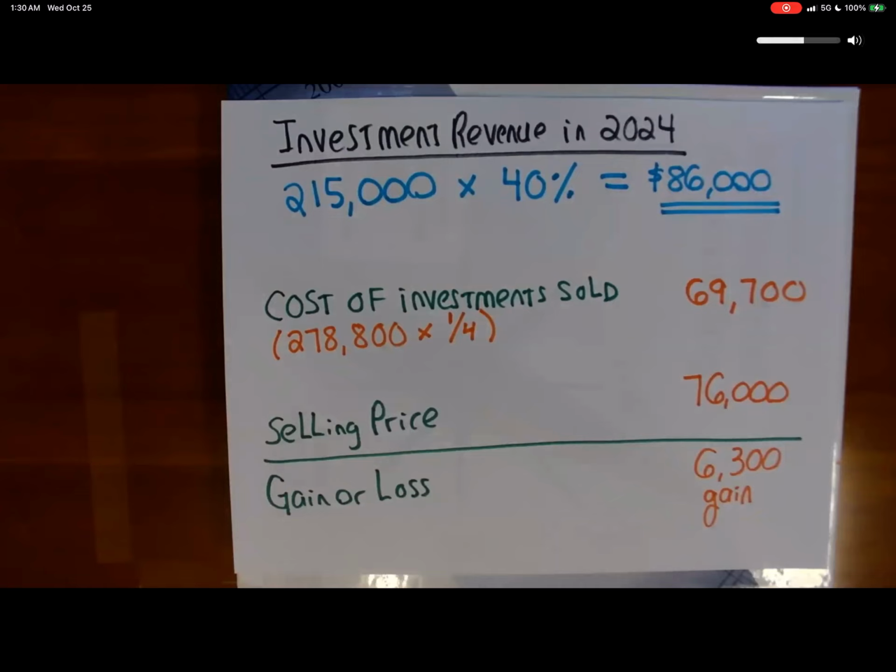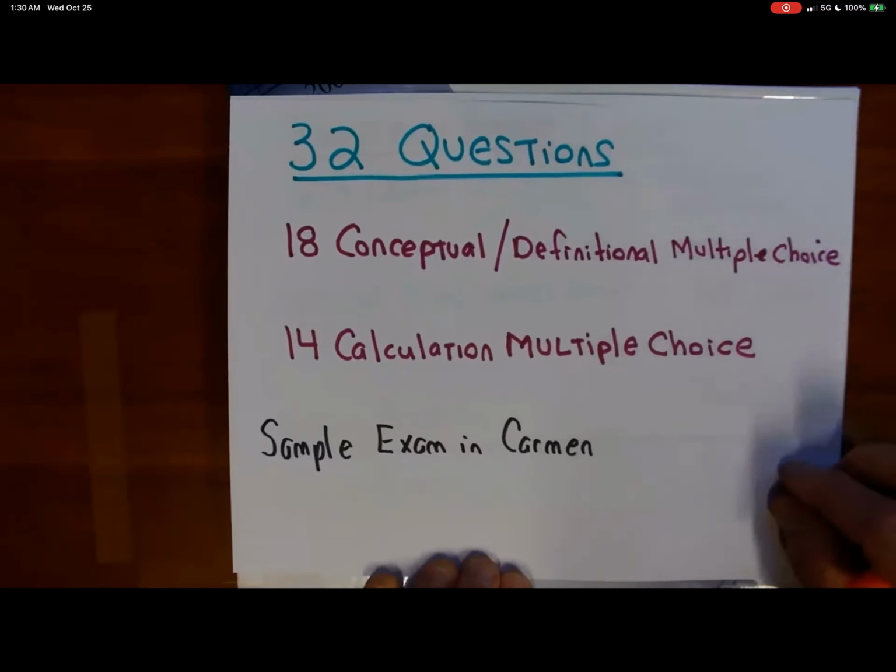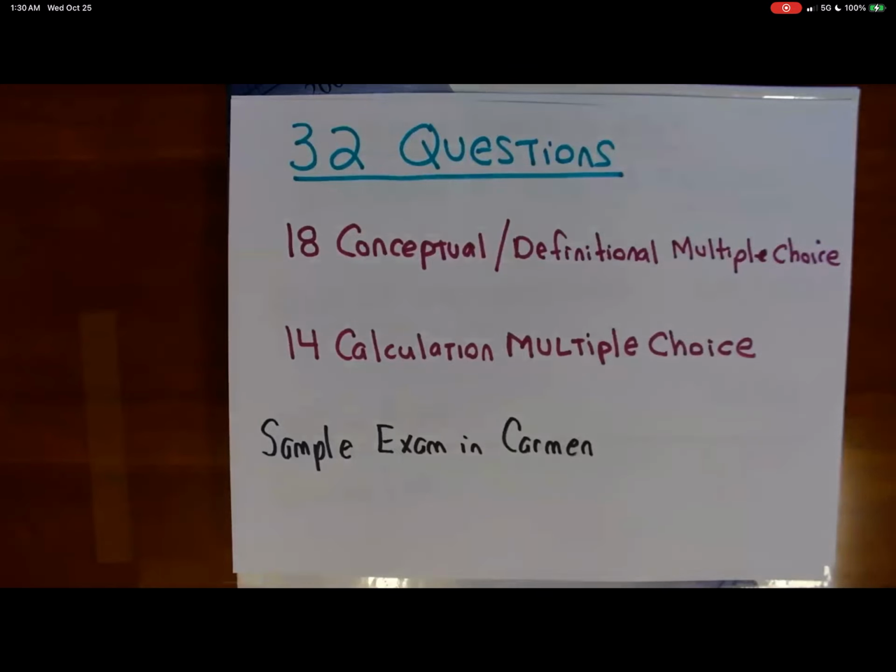It will cover everything that we've done since the first exam. The setup of the exam is right here. The test itself consists of 32 questions. There are 18 conceptual or definitional multiple choice questions.